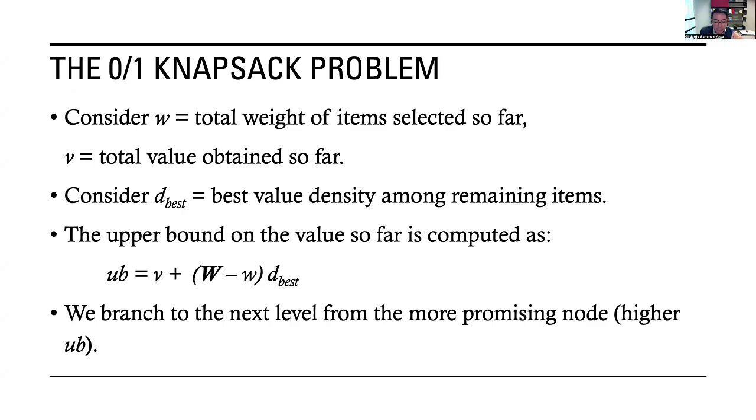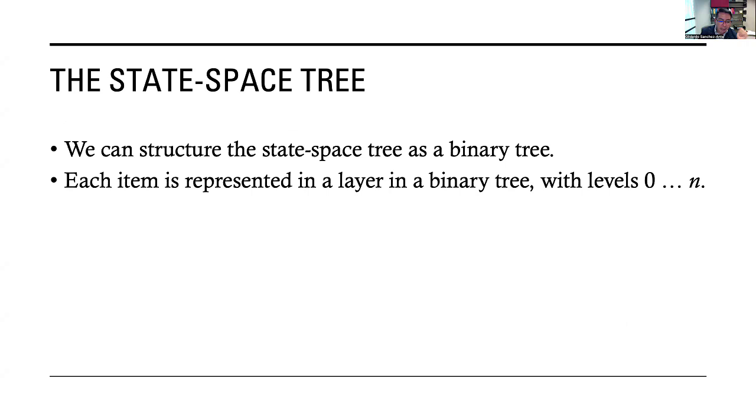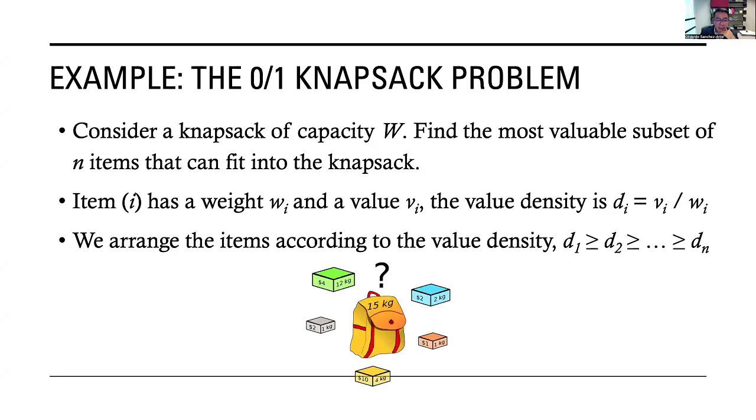And if, for instance, let me go back to better explain this. So you may remember this backpack of 15 kilograms capacity. And let's suppose that somehow I decided to take this first item that weighs 12 kilograms. And I put the 12 kilograms inside the backpack.